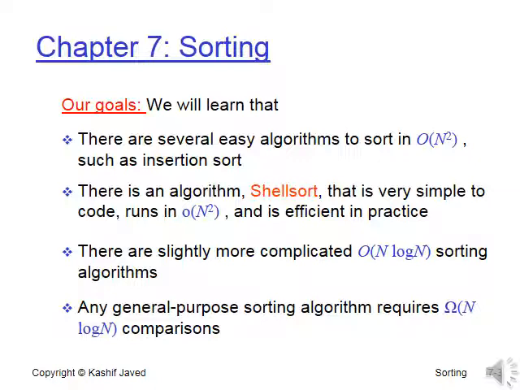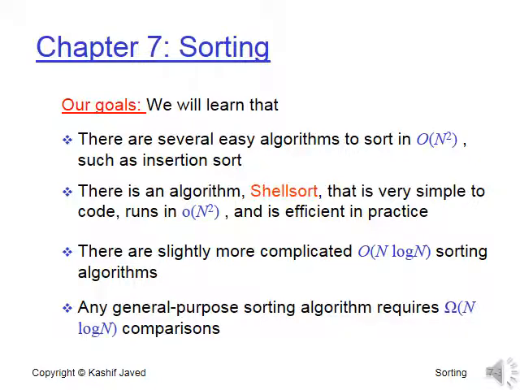There are slightly more complicated order n log n sorting algorithms, which are basically a divide and conquer strategy. If you have a collection of n elements, we split the collection list into two subsets, which are list 1 and list 2.